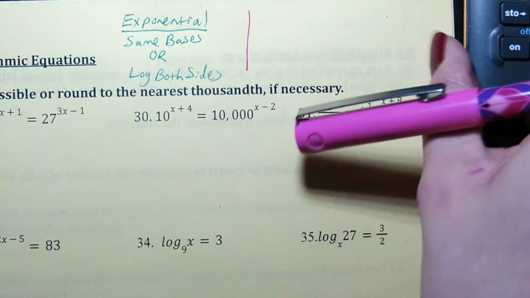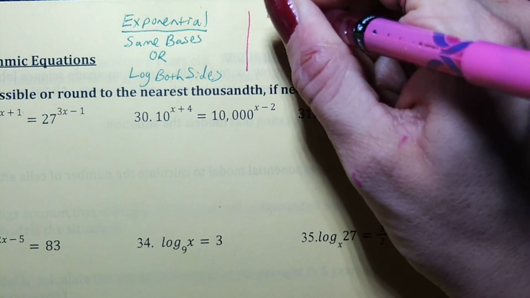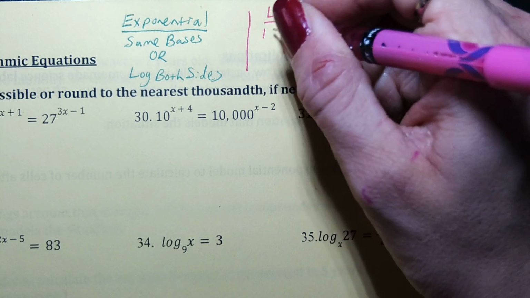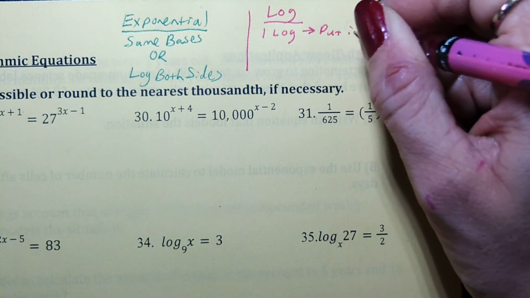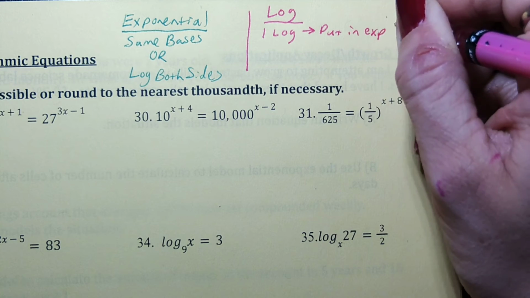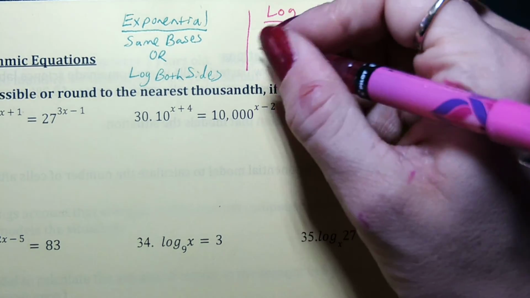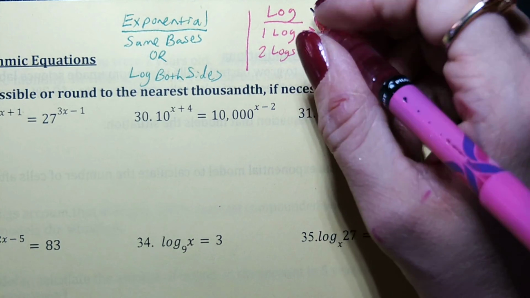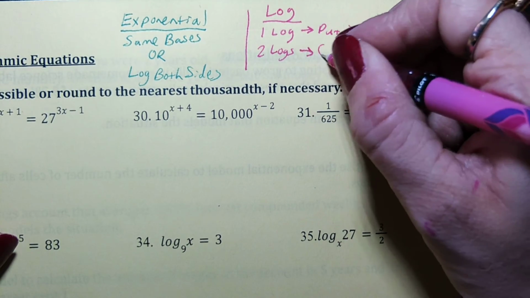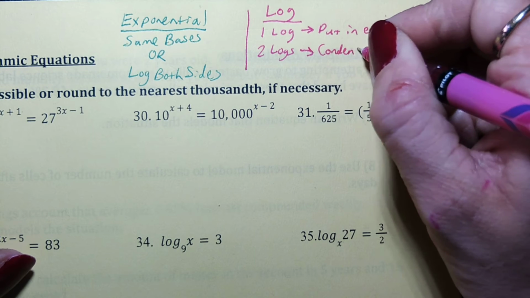For log equations, if there's one log, we want to put it in exponential form. If there's two logs, we will either condense or cancel.